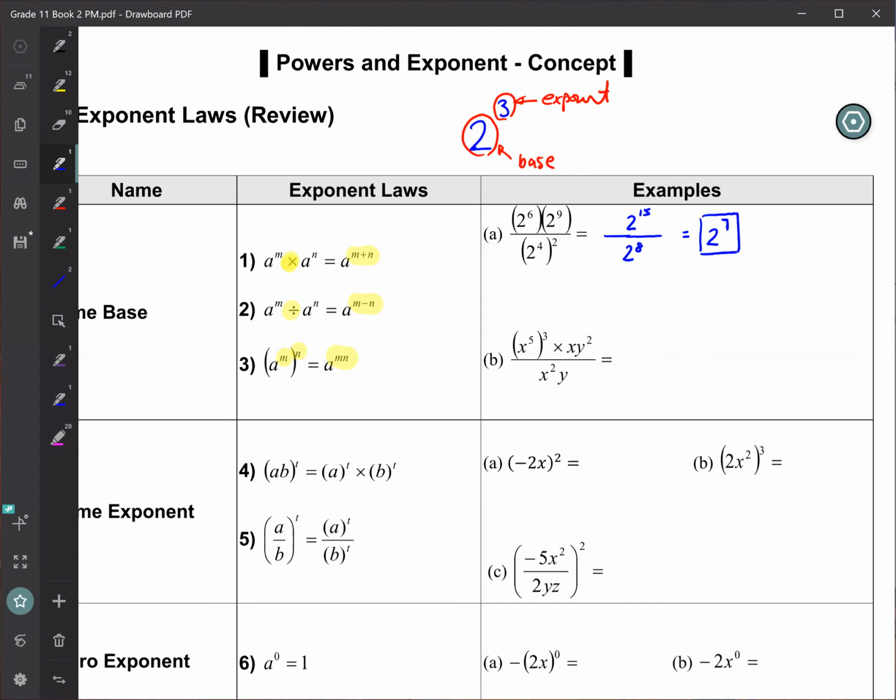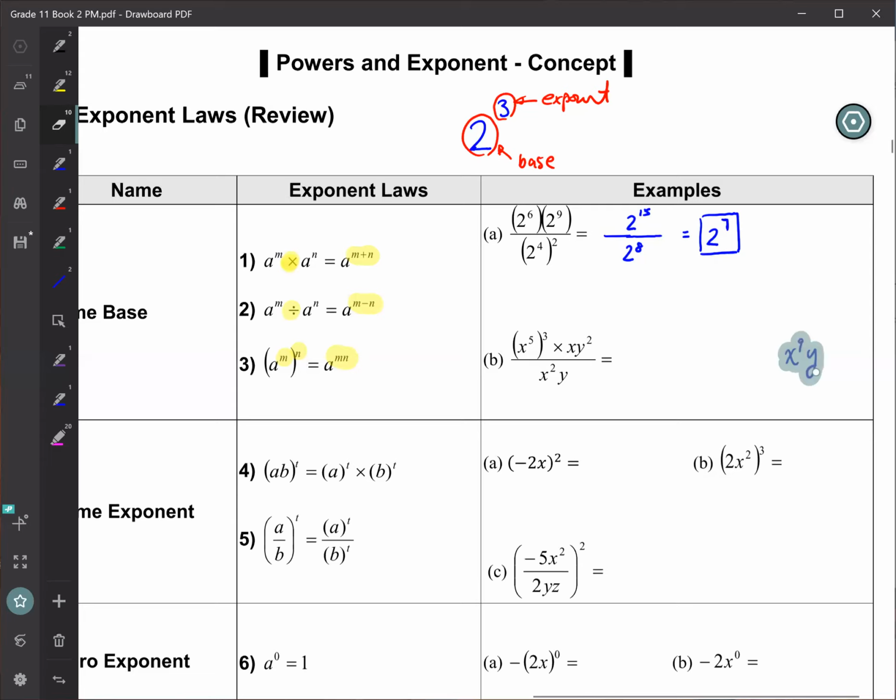All right, let's have Colin. How do you do this one step by step? For B, I got x to the power 9y. Now, you mean the final answer? Oh wait, I messed up. Okay, I'll let you fix it and let me know the steps, not just the final answer.